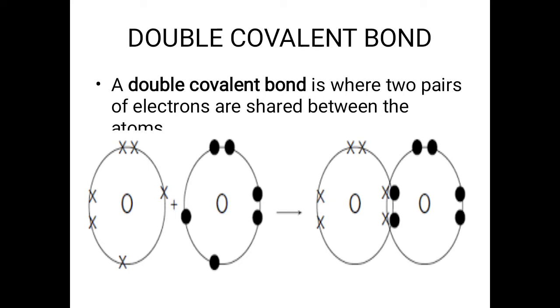So both of the oxygen atoms are showing their 6 electrons in the outermost shell. When these 2 pairs of electrons are shared between 2 oxygen atoms, both of the oxygen atoms are completing their octet. So a double covalent bond is when 2 pairs or 4 electrons are shared between bonding atoms.